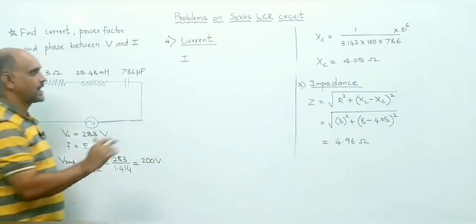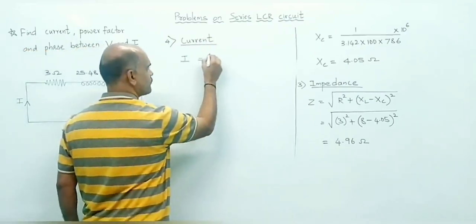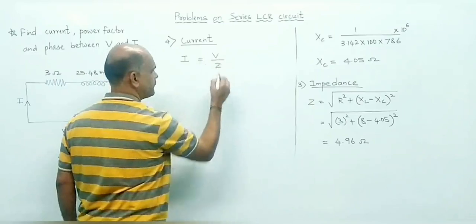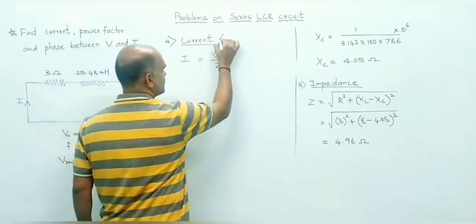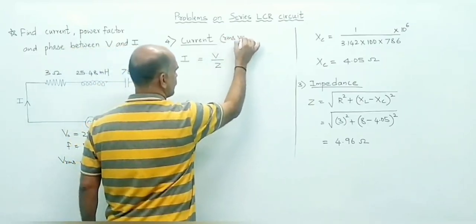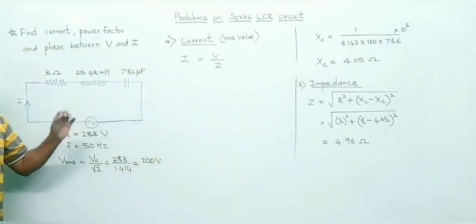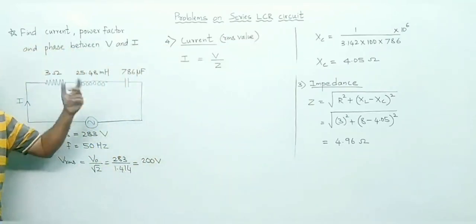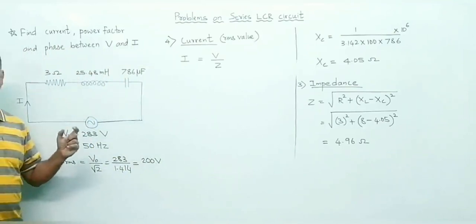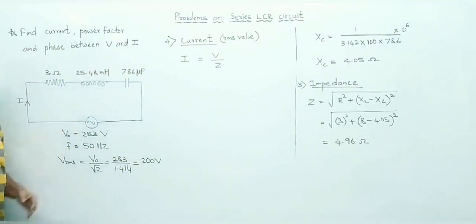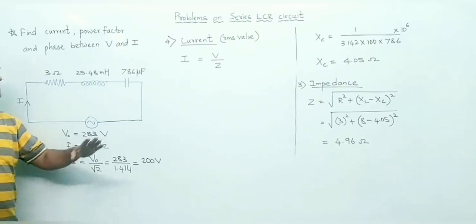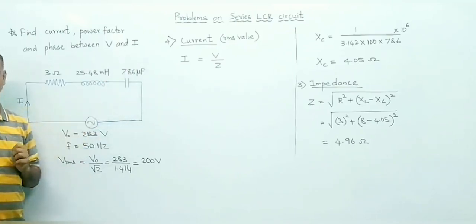Current I is equal to V by Z. If he wants the maximum or peak value of current, he will mention it in the problem. Else you are required to find the root mean square value.